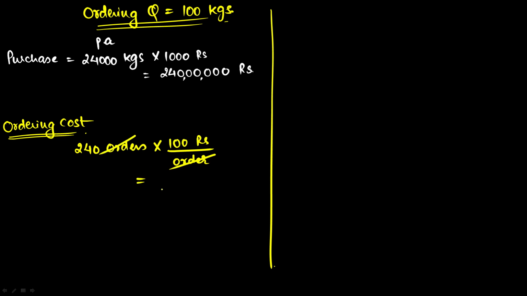Orders will get cancelled. This will be the answer in rupees, which will be 24,000. Is it the ordering cost for one day, one order, or per annum? Per annum. I am finding out cost per annum.